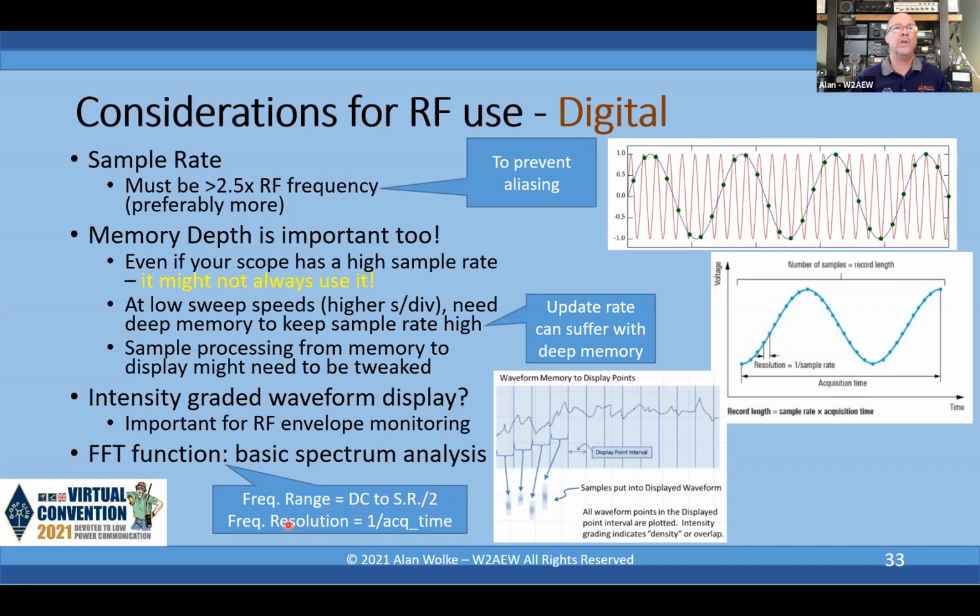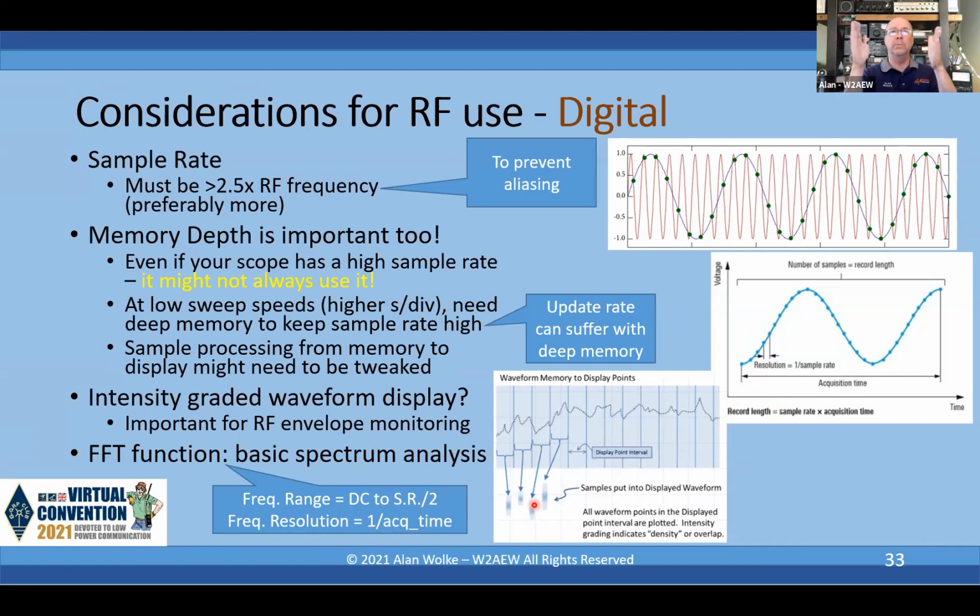The frequency resolution, essentially the equivalent of RBW on the FFT, is generally proportional to 1 over the total acquisition time that you acquired. So like your horizontal scale times 10, because you typically have 10 divisions across the screen.